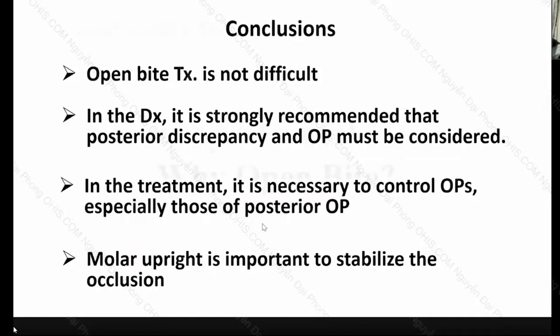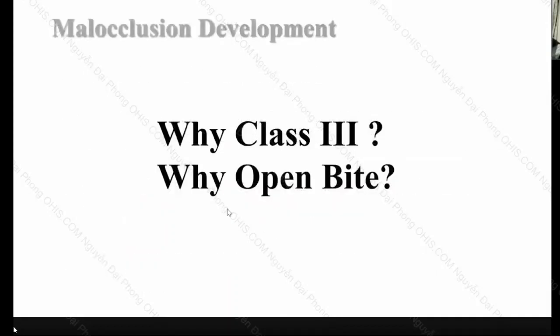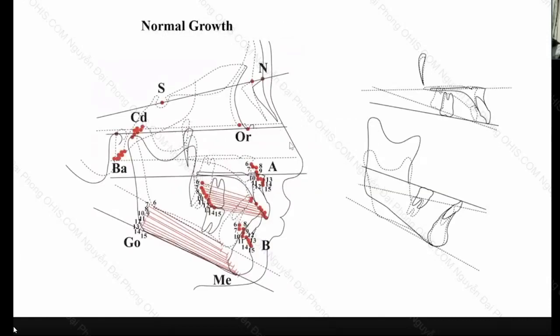Now, let me talk about class 3. Maybe I hope you understand class 2 open bite. Therefore, now class 3 is easy to understand. Okay, this is a class 1 growing subject.